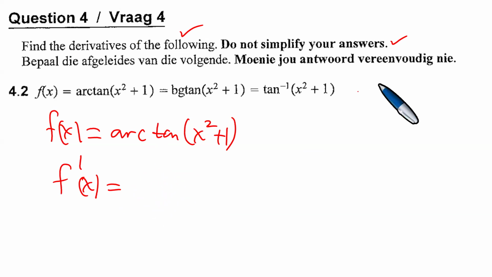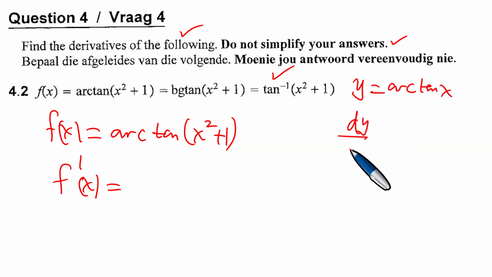To find the derivative of arctan, if y equals arctan of x, which is also tan inverse, yields dy/dx, which is 1 divided by 1 plus x squared.